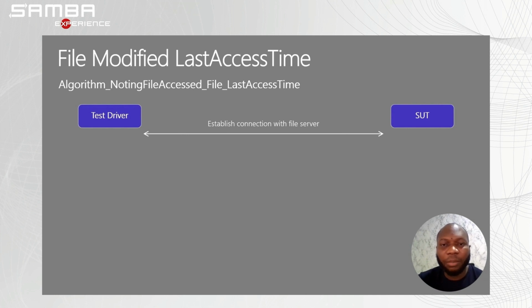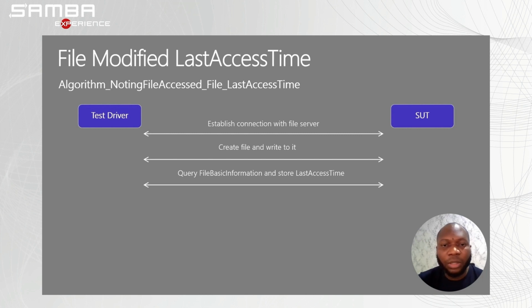So the test driver establishes a connection with the SUT. The test driver creates a file on the SUT and writes to the file. Now the test driver queries the file basic information and stores the last access time for that file.